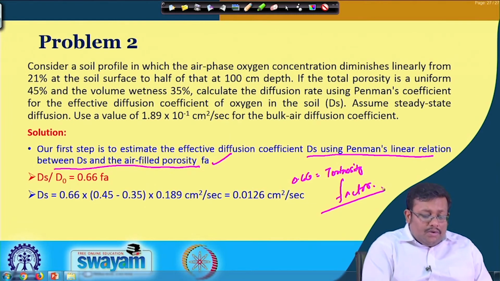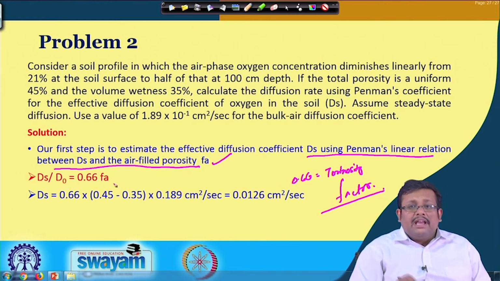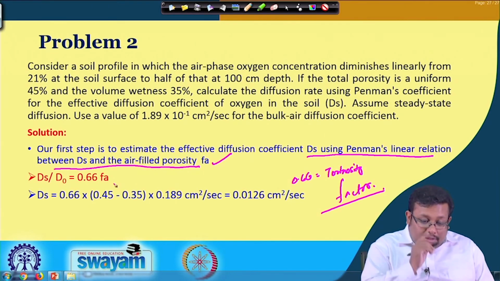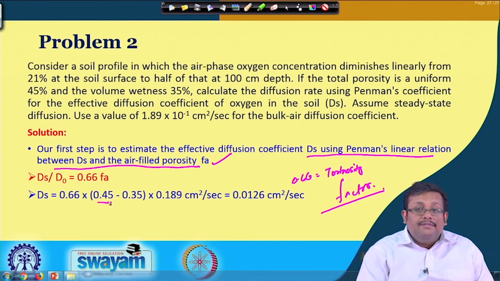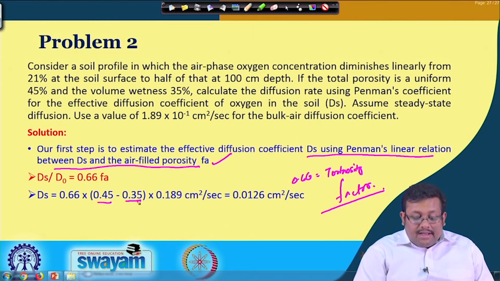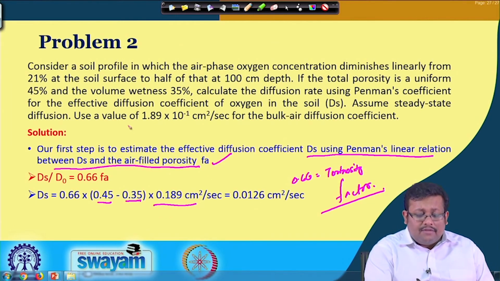Now we know that Fa, or air-filled porosity, can be calculated by subtracting the volume wetness from the total porosity. The total porosity is 0.45 and the volume wetness is 0.35, and the bulk air diffusion coefficient value is 0.189 square centimeter per second, which we got from here.